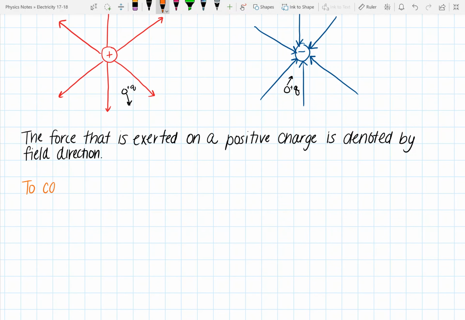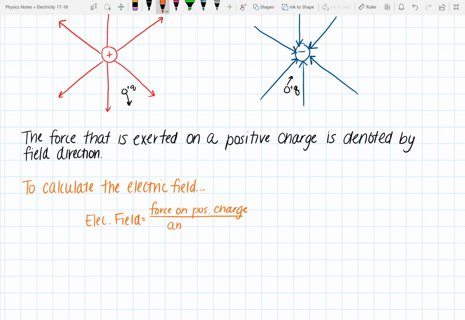To calculate the electric field, I have the electric field being equal to the force on a positive charge divided by the amount of charge.